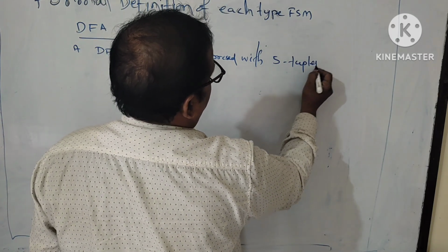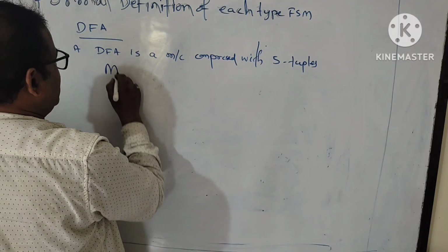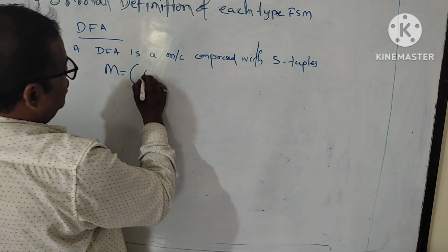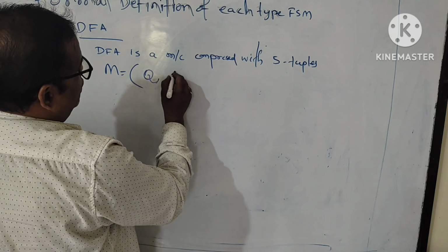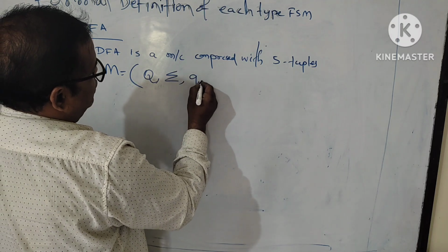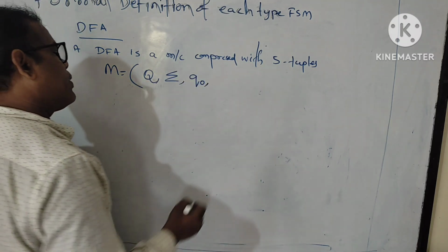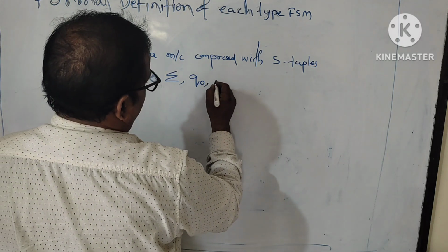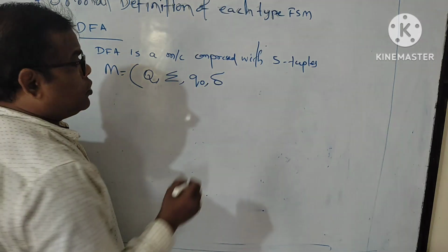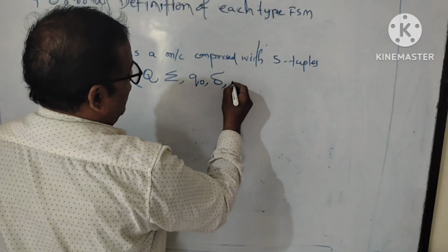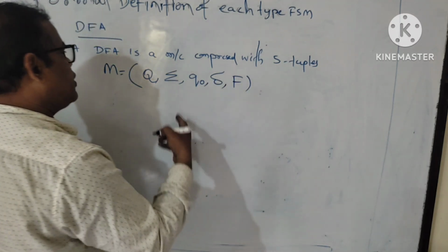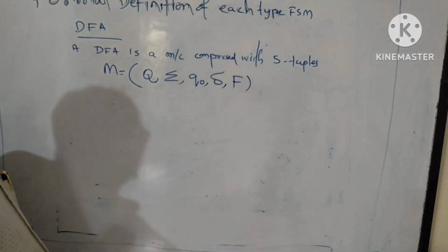I can write here M within this parenthesis: capital Q, input alphabet, initial state, and the set of production rules, which is capital A, and F. If you count 1, 2, 3, 4, 5, hence it is a 5 tuple machine.